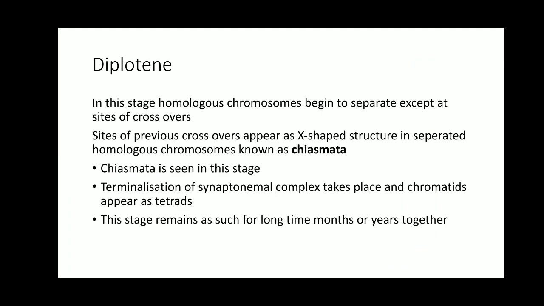Now the terminalization of the synaptonemal complex is going to take place and the chromatids appear as tetrads. The synaptonemal complex that has been formed in the Zygotene stage after synapsis, which is going to hold the chromatids of the paternal side and the maternal side together, after the crossing over slowly is going to be dissolved and the chromatids appear as tetrads.